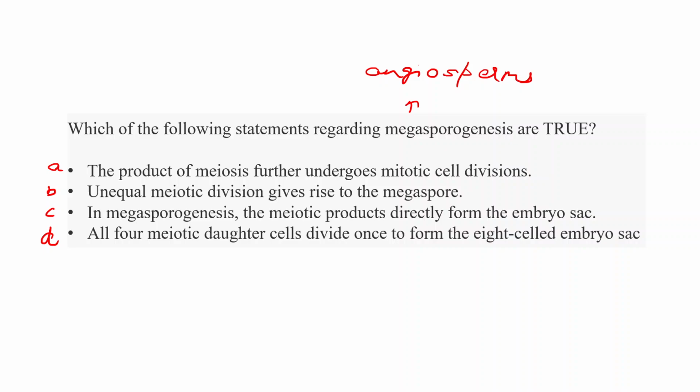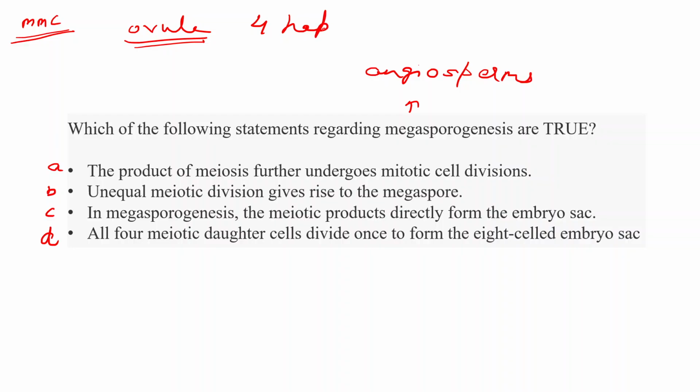It is a process where a diploid megaspore mother cell, known as MMC, in the ovule undergoes meiosis and produces four haploid megaspores. So first, it occurs in the ovule, and it produces four haploid megaspores.